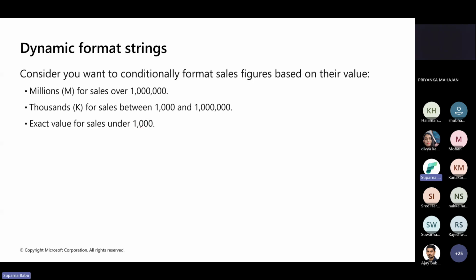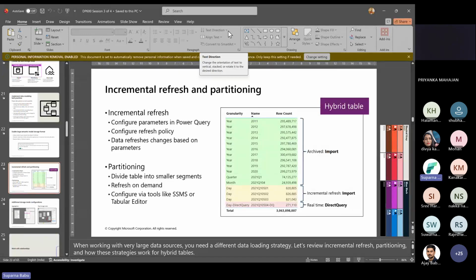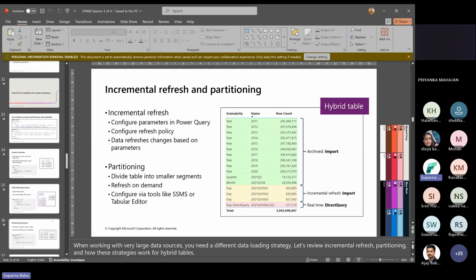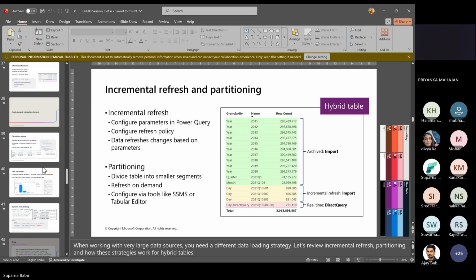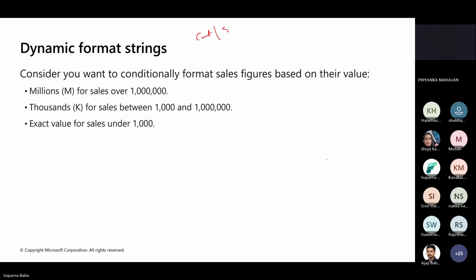Now let's see some dynamic formatting settings. If you are using any matrix chart, let's say this is country, sales, profit.